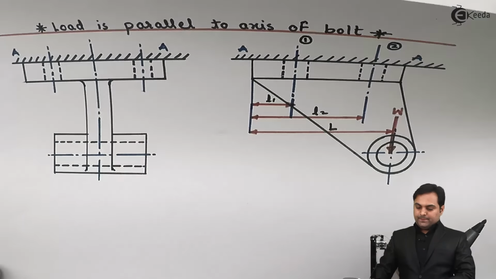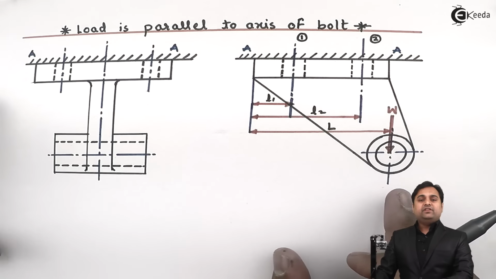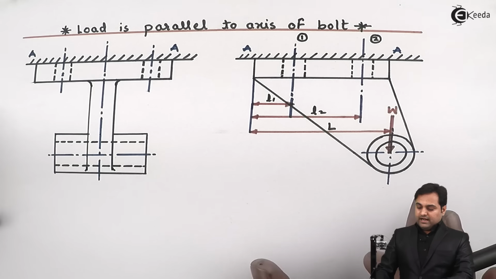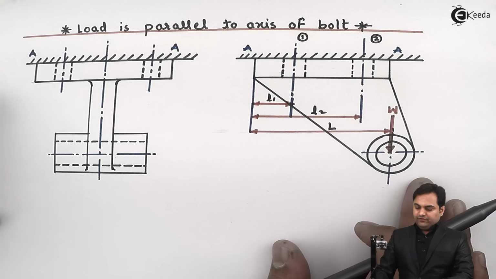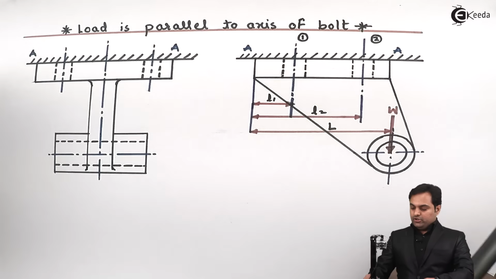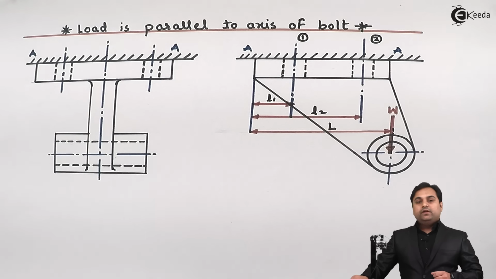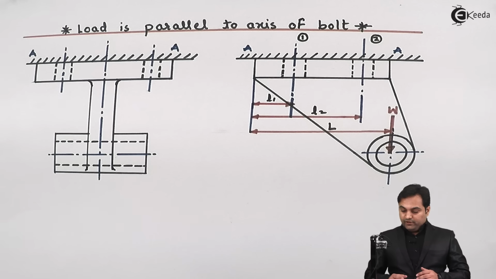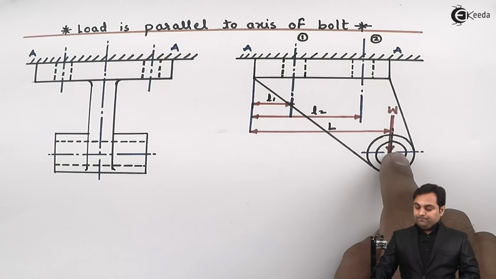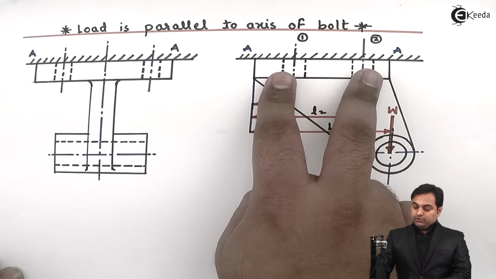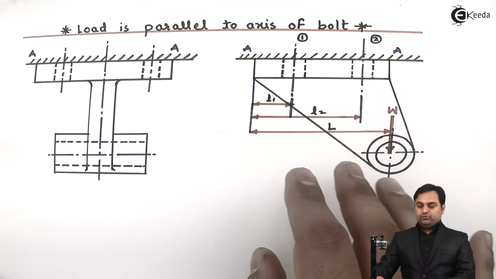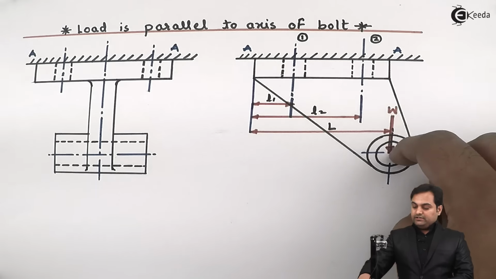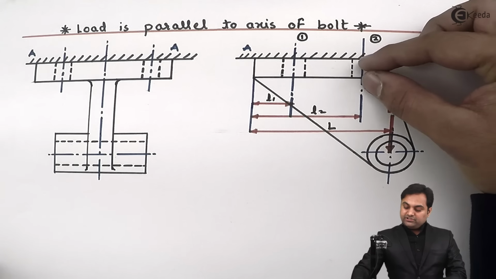So now here we have to derive the formula, and for that what we have to understand is that when the load is acting, there are two kinds of possibilities. First, because of this load, at both center 1 and center 2, the bolts which are present can stretch.